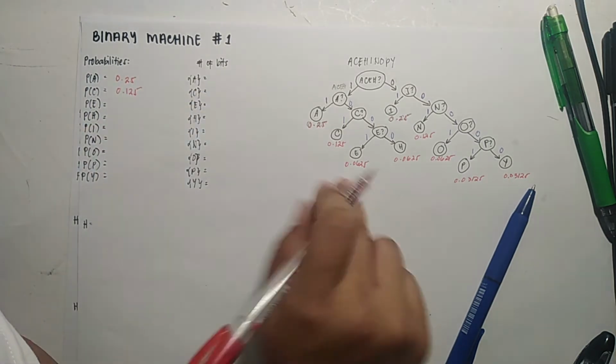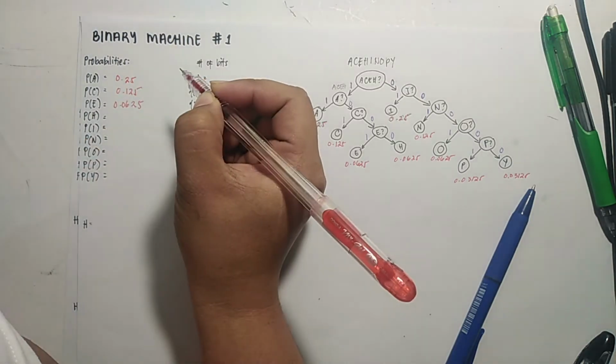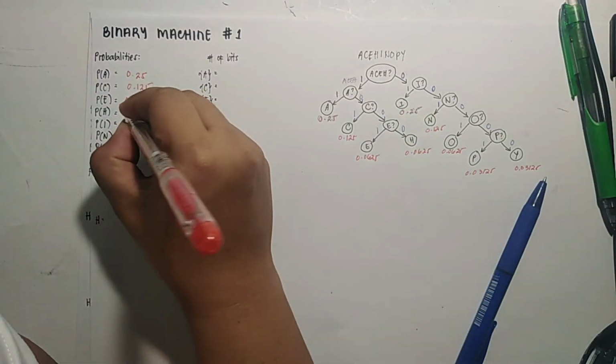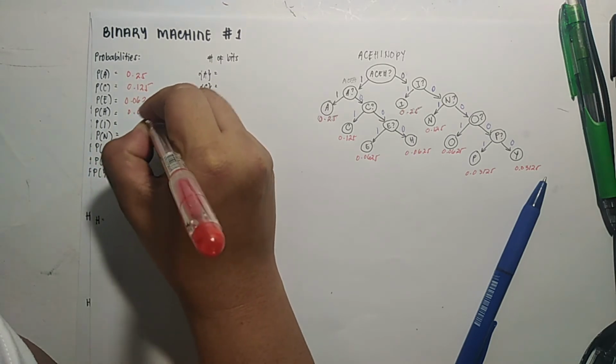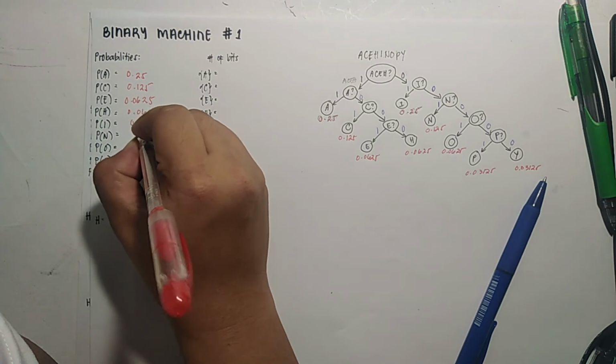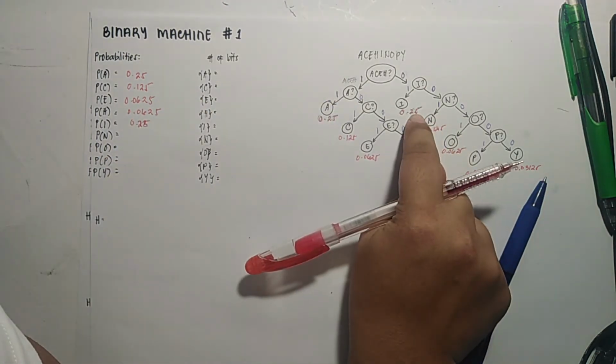Our E is 0.0625. And our H is also 0.0625. And our I, that's 0.25 because that's on the third level.